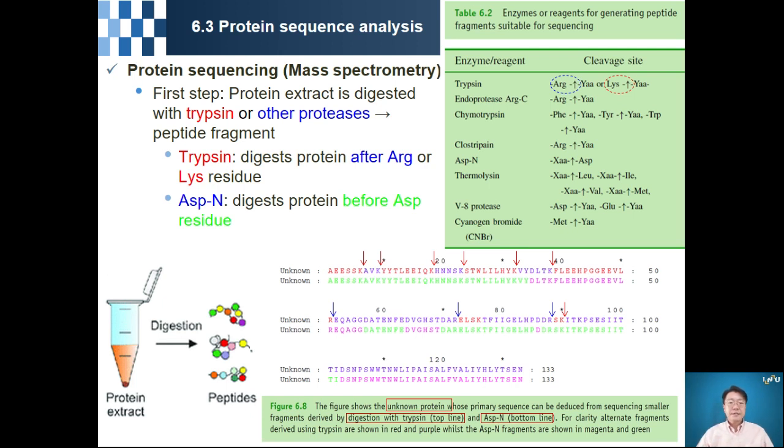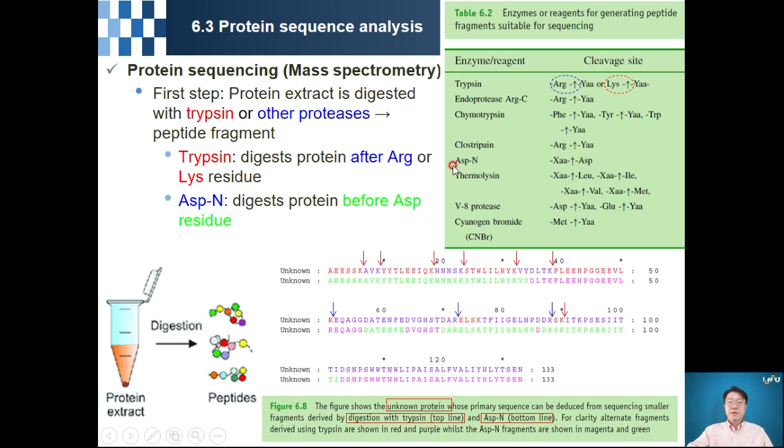Secondly, the second enzyme that we frequently use in mass spectrometry is Asp-N. This enzyme digests protein before the aspartate residue.